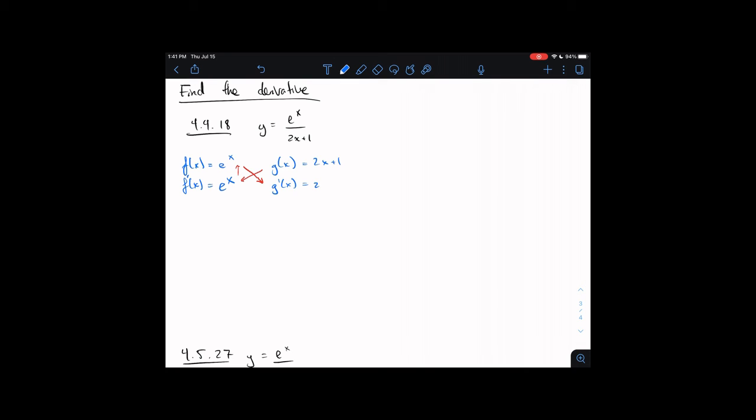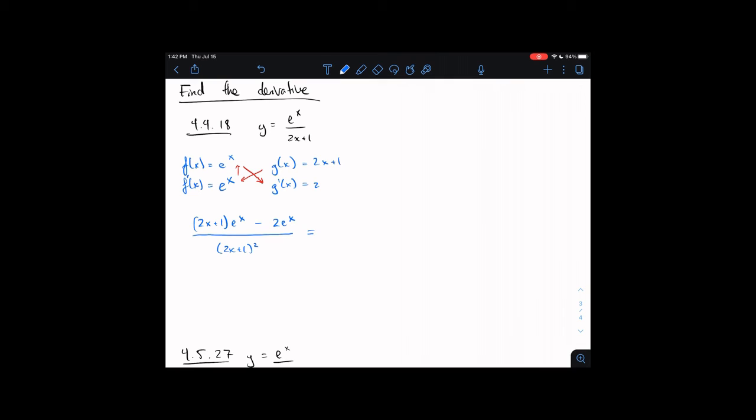Okay, so we do 2x plus 1 times e to the x, minus e to the x times 2, so 2e to the x. This is all over 2x plus 1 squared.